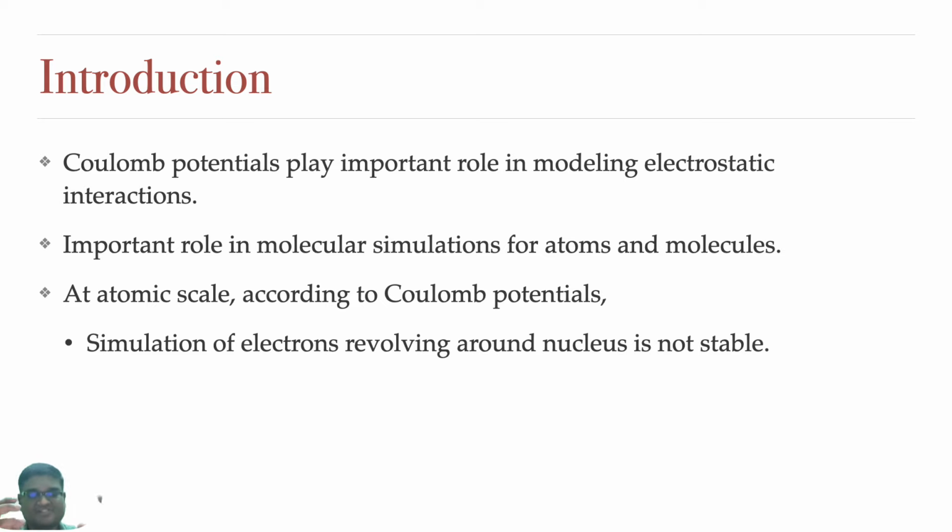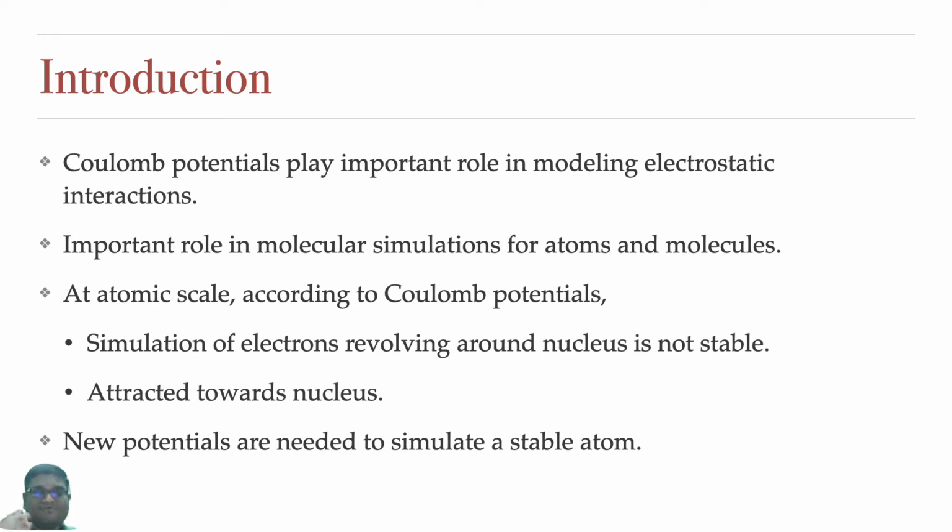The electron is attracted towards the nucleus because of the Coulomb potentials and falls into the nucleus, or it shoots away from the nucleus because of the higher potential values and higher velocities, and the atom is not stable. So the Coulomb potential doesn't work for the classical approach in both molecular dynamics and Monte Carlo simulations, because all the electrons are attracted towards the nucleus, as opposite charges attract and same charges repel.